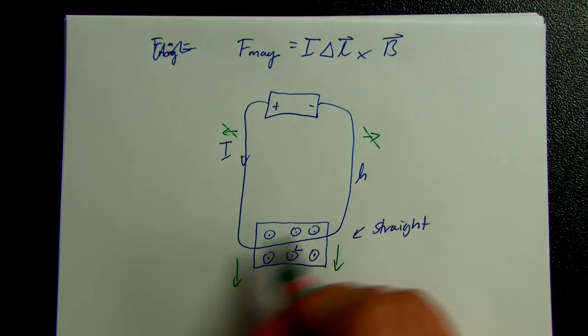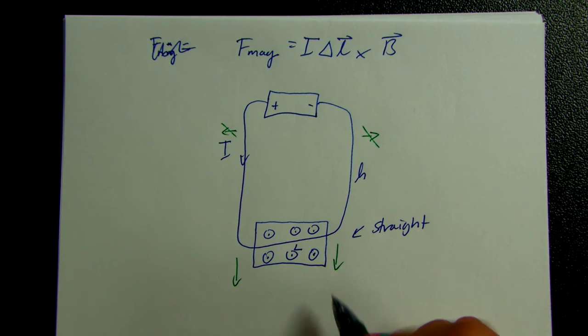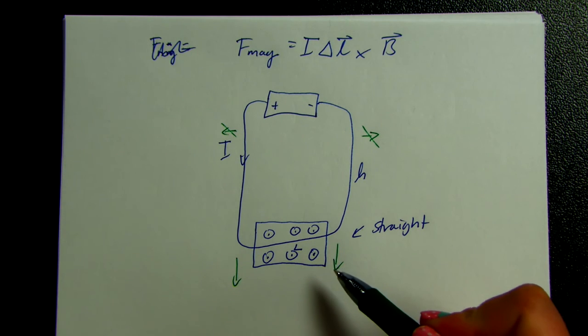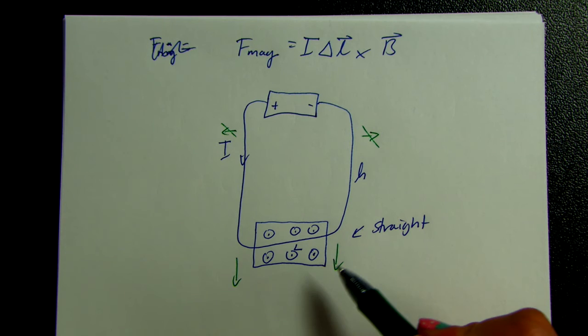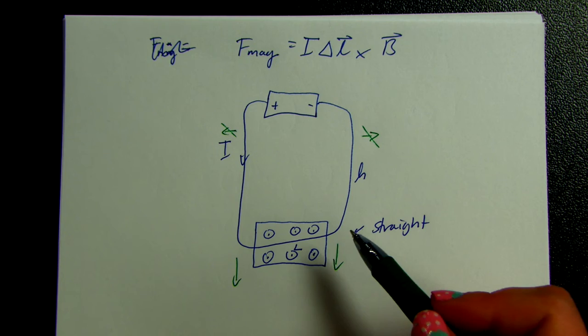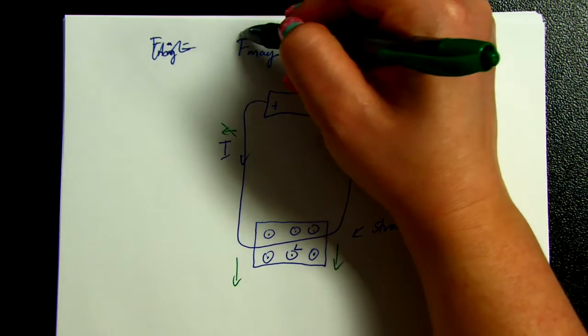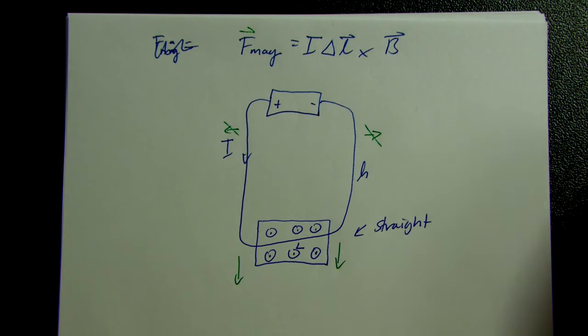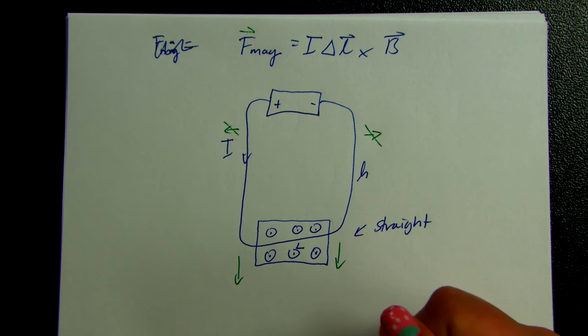And this makes sense for this section of wire. So we can see we've got our magnetic field B is in Z, our length of wire is in X, and so therefore the magnetic force would make sense that it would be in Y.